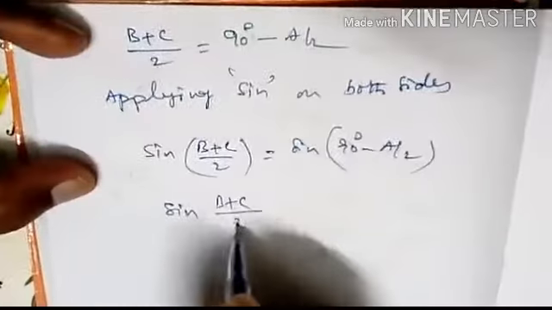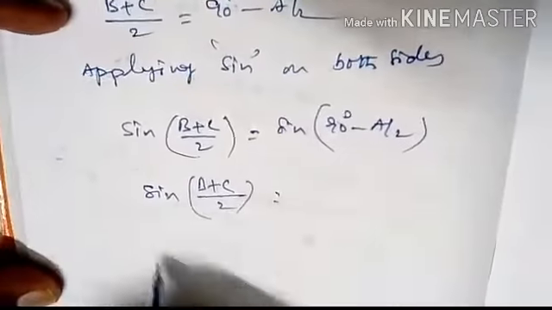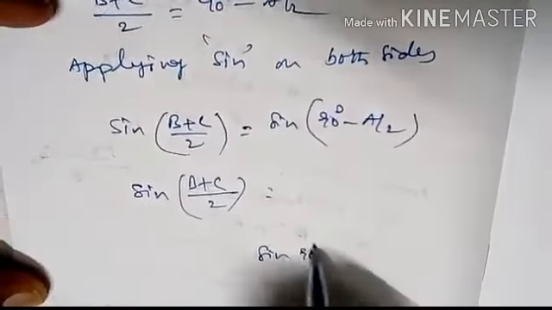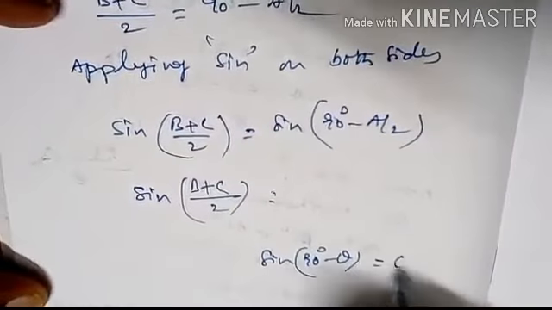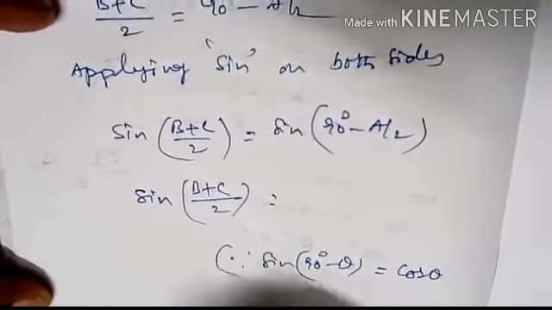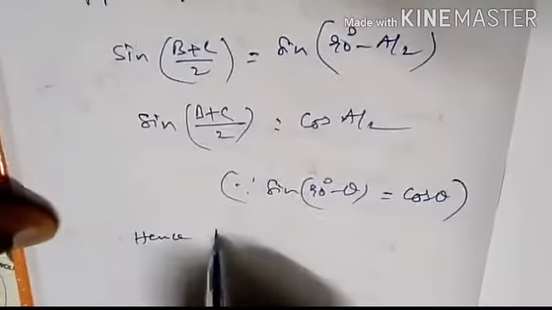Sin of (B plus C) by 2 is equal to, since sin (90 minus theta) is equal to cos theta, we get cos A by 2. Hence proved.